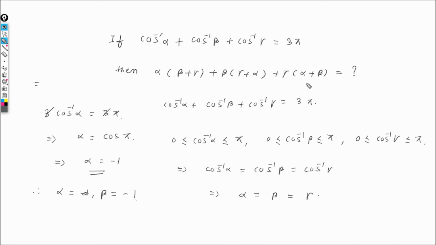We have to calculate this value. This is minus 1 into minus 1 plus minus 1 is minus 2, minus 1 into minus 1 plus minus 2, plus minus 1 into minus 1 plus 1 is 2. It will be minus 1 into minus 2, 2, plus 2, plus 2. So this is equal to 6. Therefore we can say that this value will be 6.